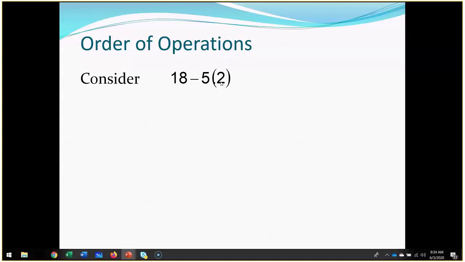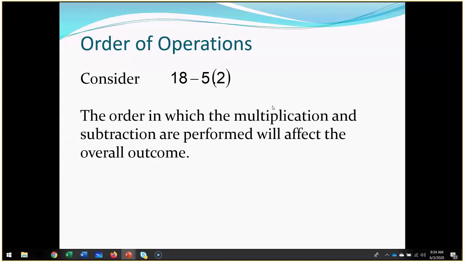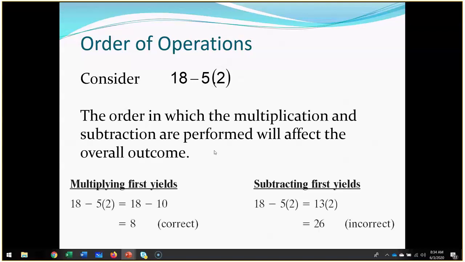And in this case, they are here for the multiplication, the 5 times the 2. So if that's how I start, which is what you're supposed to do, 5 times 2 is 10, and then 18 minus 10 is 8. This is the right answer if you follow the order of operations.